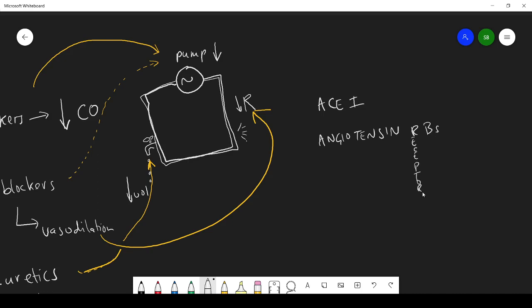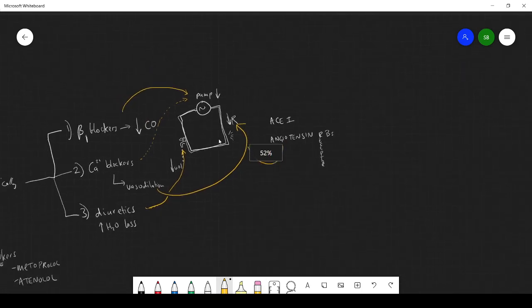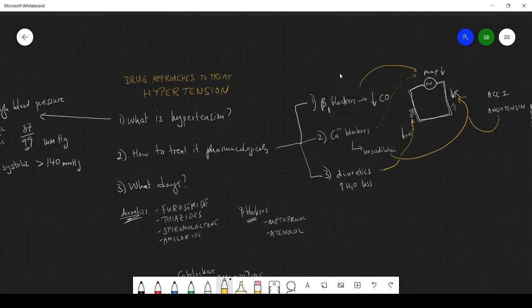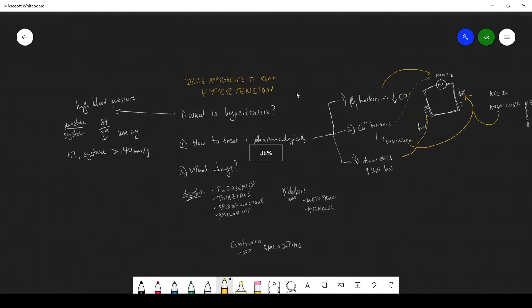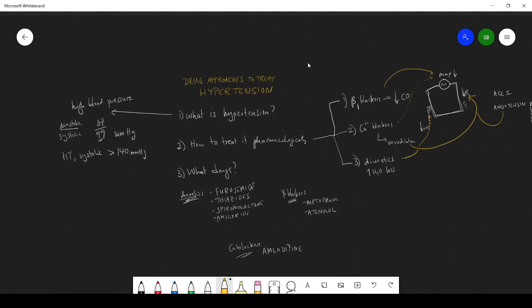So really anything which decreases the peripheral resistance by causing vasodilation. So those are the main pharmacological treatments for hypertension and the rationale behind it.